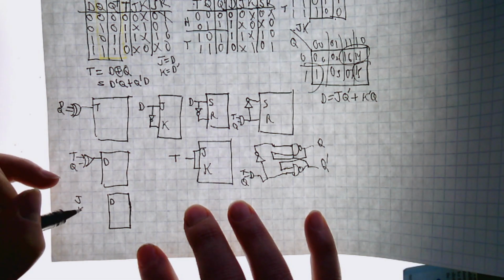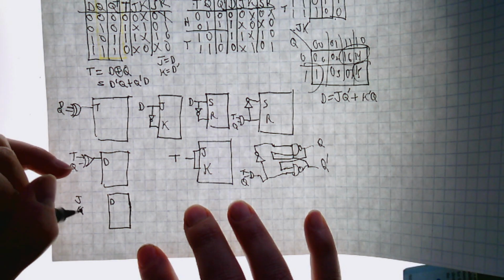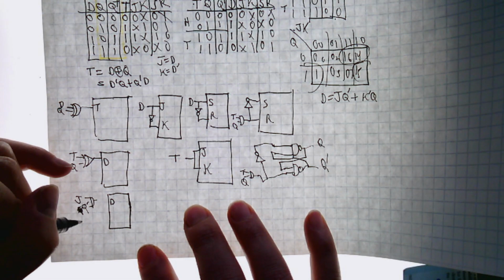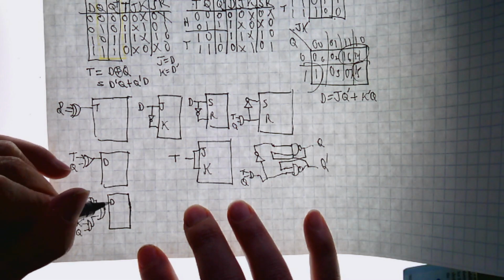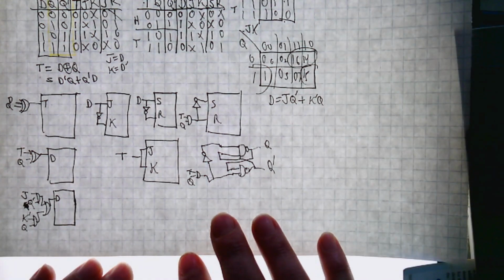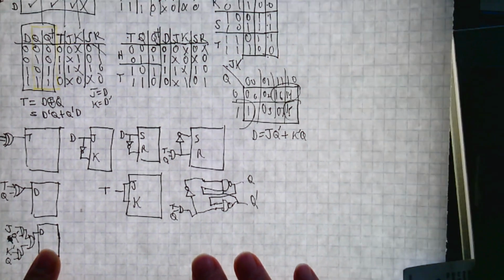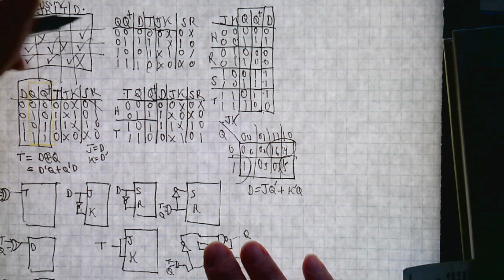J, K, let's see, J Q prime, I'll put it into a little AND gate, K prime Q, put that into a little AND gate, and then run the whole thing into an OR gate and run that into the D input. And now I've implemented a JK flip-flop with a D flip-flop, and so I completed this cell right there.